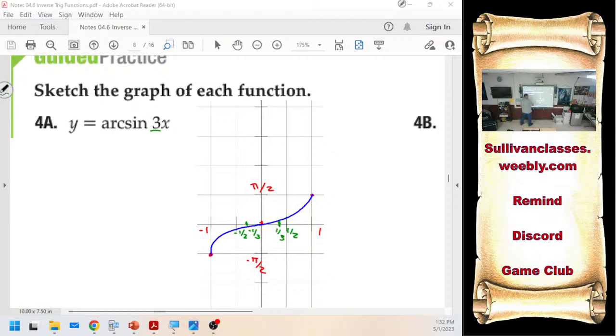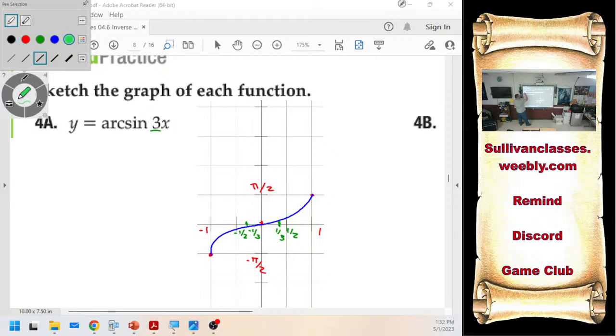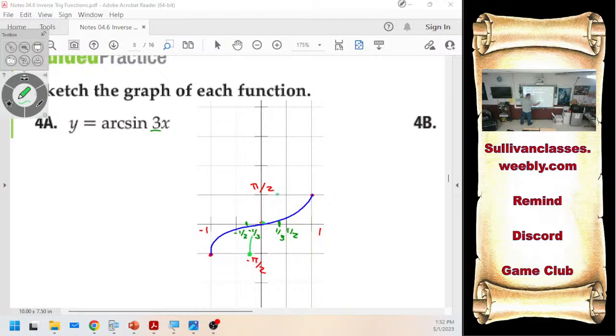You see how it gets funky when you try to match scales? Because there's 1/3 of the way. It would have to look like this, because it was a horizontal compression by 1/3. I'm showing you the original compared to the new one, if I had to match scales.